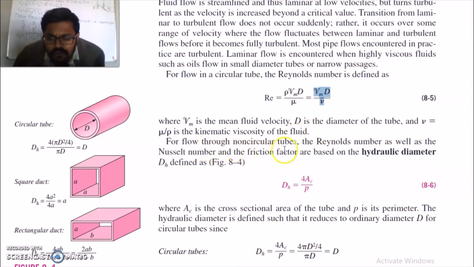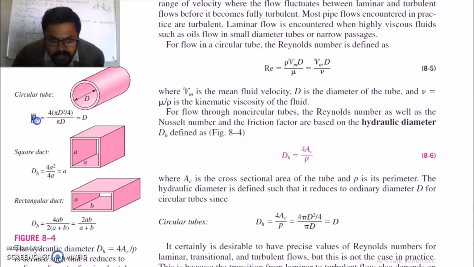For flow through non-circular pipe, the Reynolds number as well as the Nusselt number and the friction factor are based on hydraulic diameter Dh. In case of circular pipe, we have this diameter. In case of square duct, we will use hydraulic diameter, which is defined as 4Ac by P, where Ac is your cross section area and P is the perimeter.